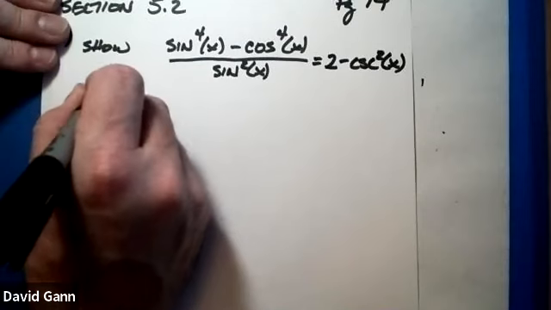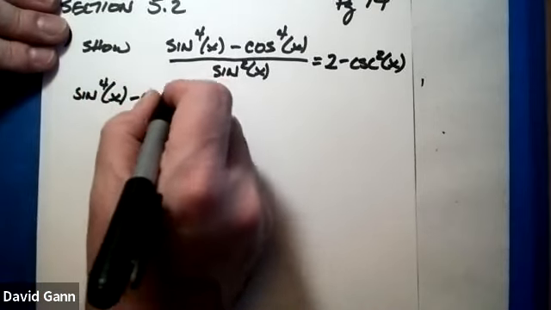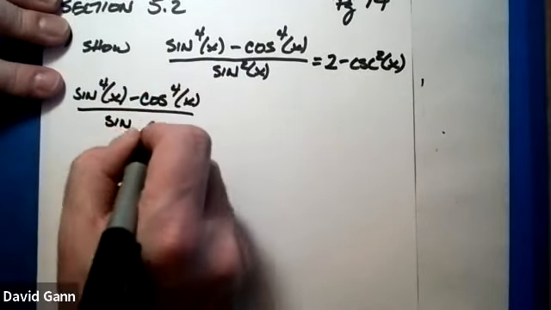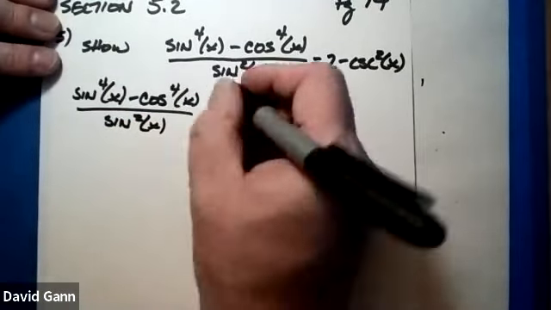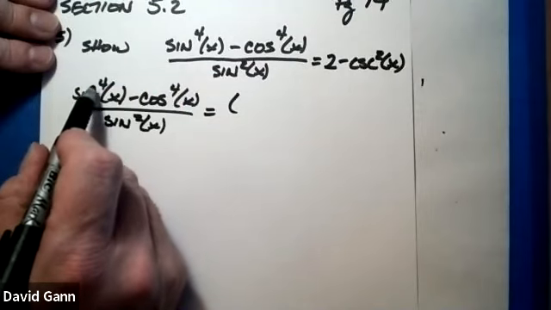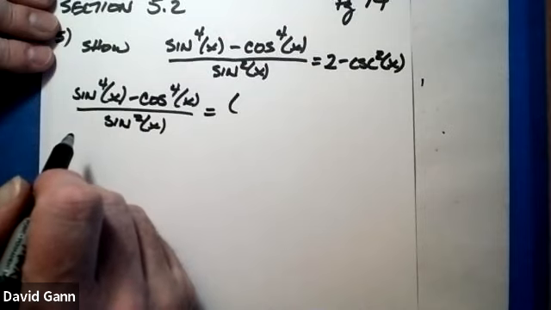And I want you to notice that the numerator is actually a difference of squares, right? And we don't really have much to do with the denominator yet. But I think the first step I'm going to do is factor this. And I end up with, well, this is basically a squared minus b squared, right?